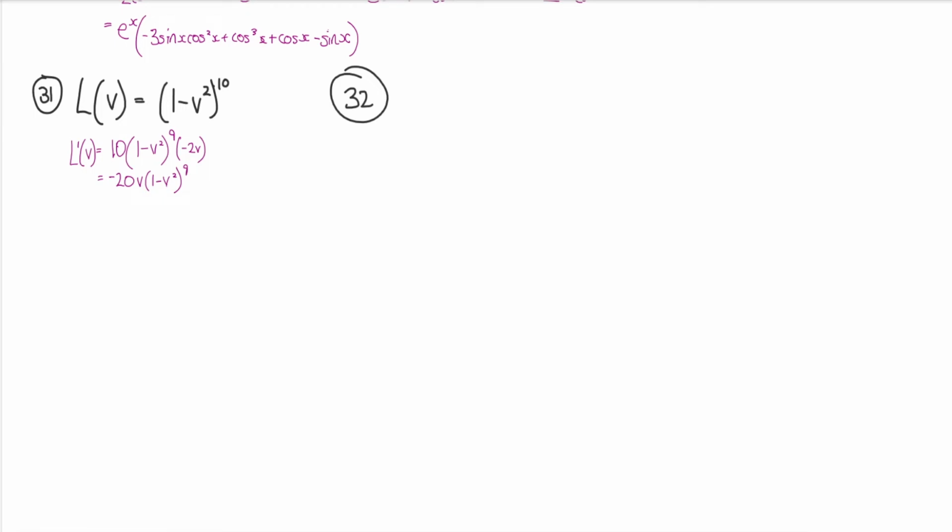Ooh, this one's a nasty one. Okay, what kind of nasty? Let's go with Q. Q is tan of sine of x. Ooh. Okay, this is ugly. The ugliness comes from the fact that we're not taking the tan of x anymore.